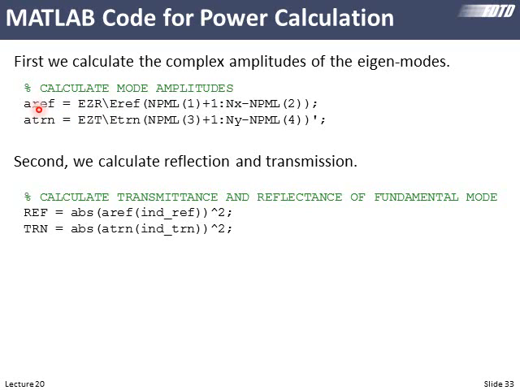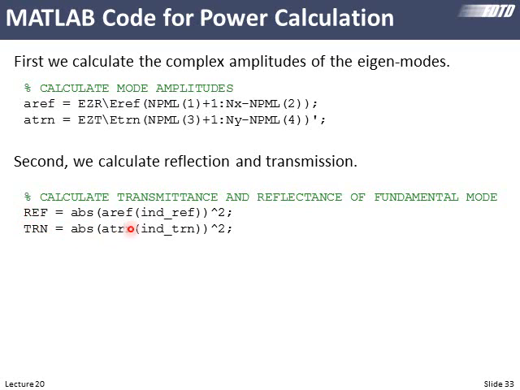And also from that function EZ mode came an output argument, something like ind, that told us the index of the fundamental mode. So if we have that, we can go inside AREF, for example, to that ind and pull off the amplitude of the fundamental mode. We take the absolute value and square it, and we have the reflectance of the fundamental mode.